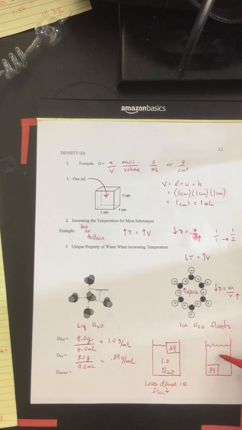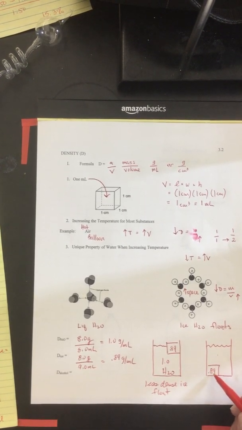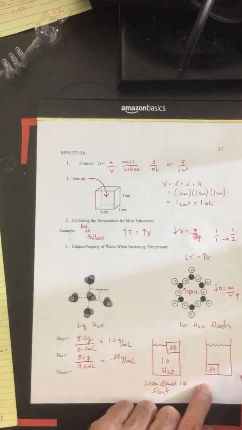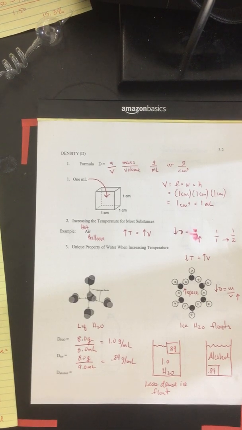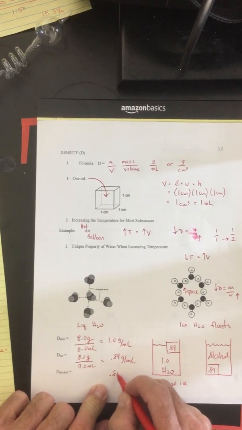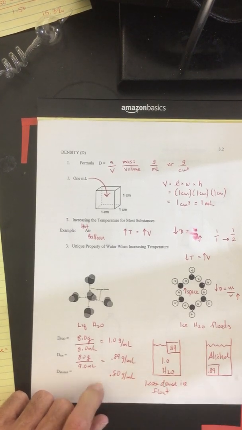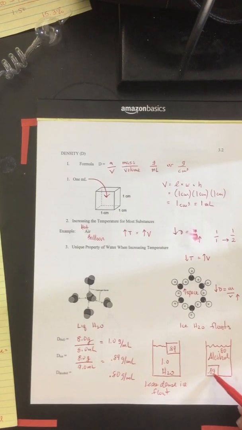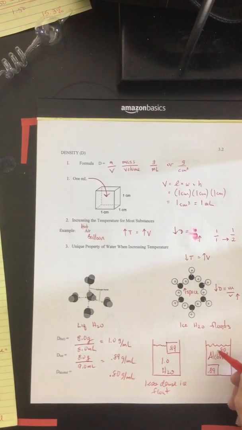Well, what must the density of this be if this is actually sinking? Well, the density of this material has to be less than 1.0. It actually needs to be less than 0.89. This material actually is not water. This material is actually rubbing alcohol. The density of rubbing alcohol is 0.80 grams per milliliter. What is my ice compared to the alcohol?